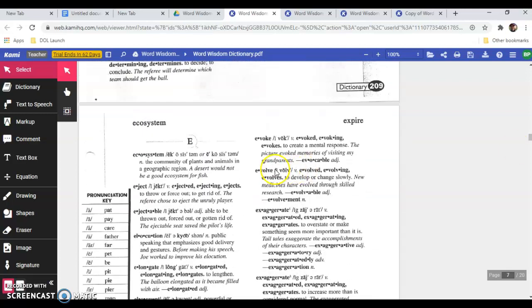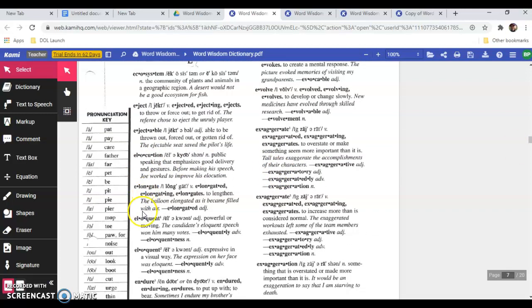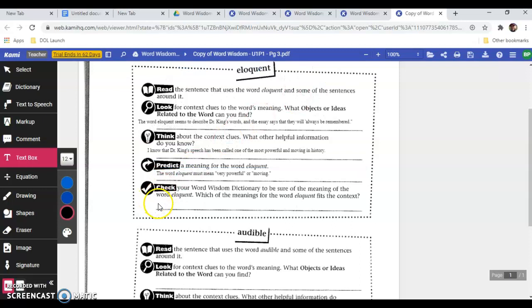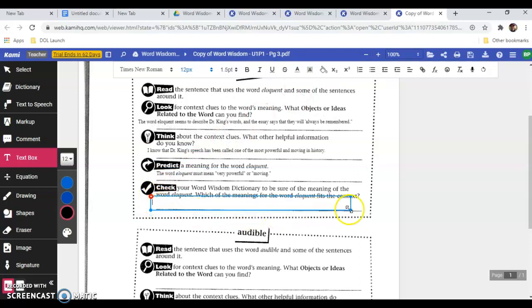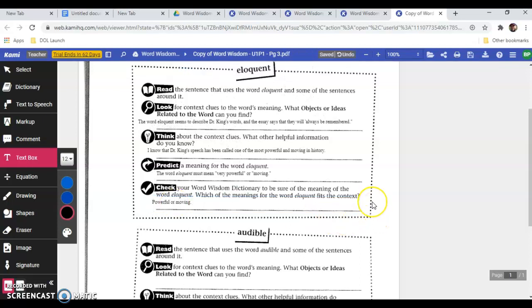It comes after D, E, O, eloquent: powerful or moving. So then I'm going to return to where it asks me to check the definition. I'm going to write what I found. And I've completed that part of the assignment.